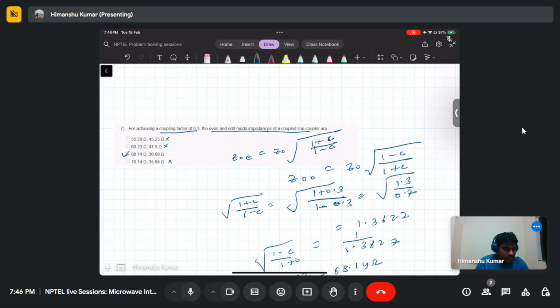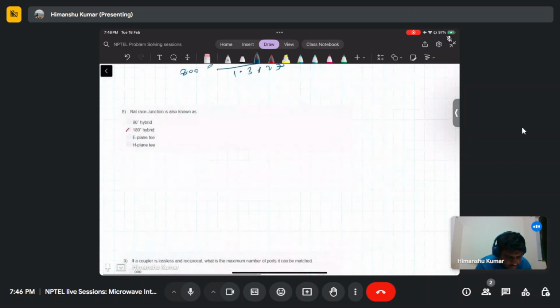So basically, the rat race junction. A rat race junction means the reflected port powers are 180-degree phase shifted apart.